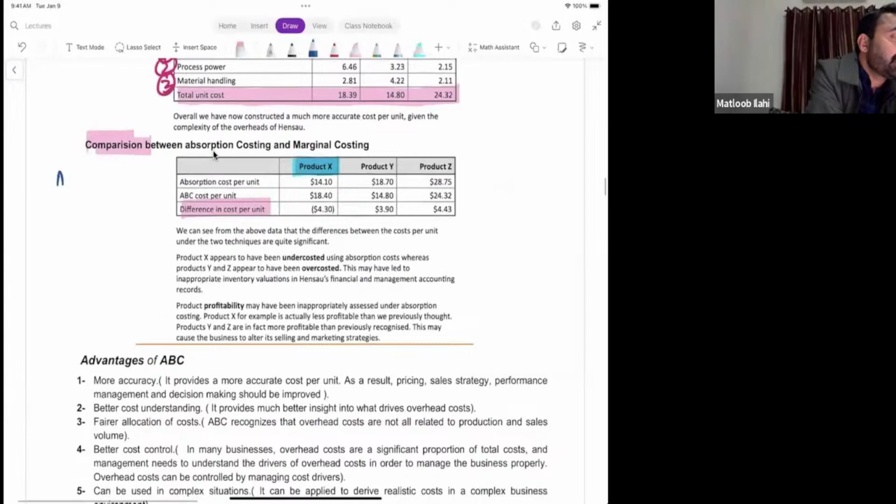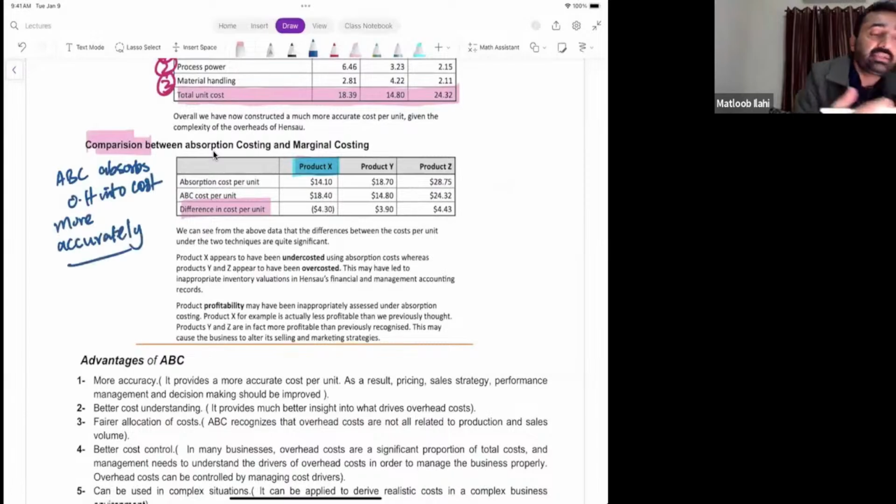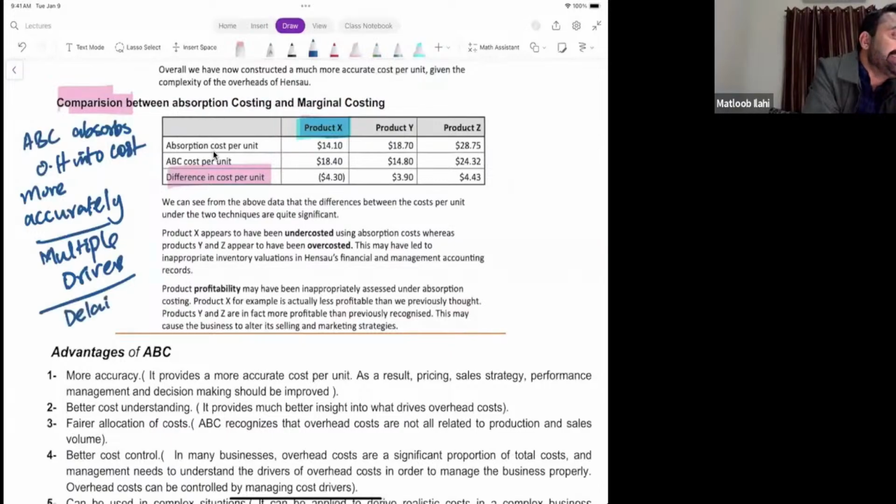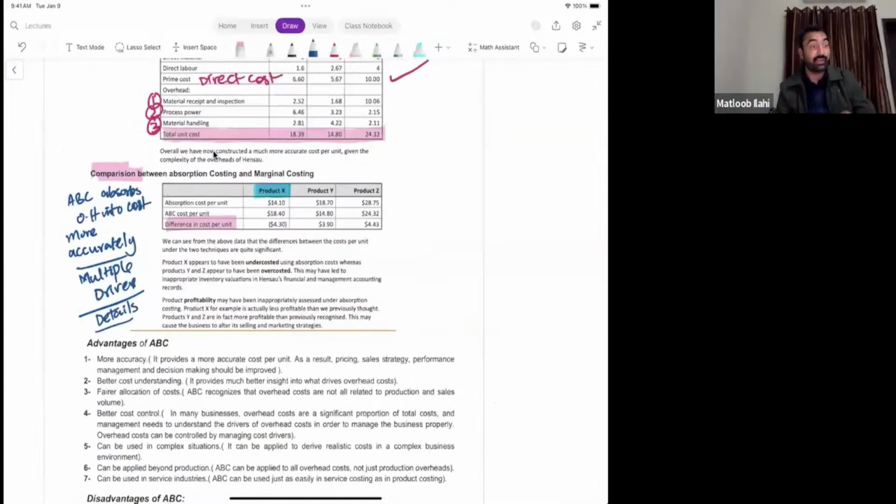The reason is that it does not use a single rate, rather it uses multiple drivers. If I make it more simple for you, it absorbs overheads with more details. That's why it is more accurate.